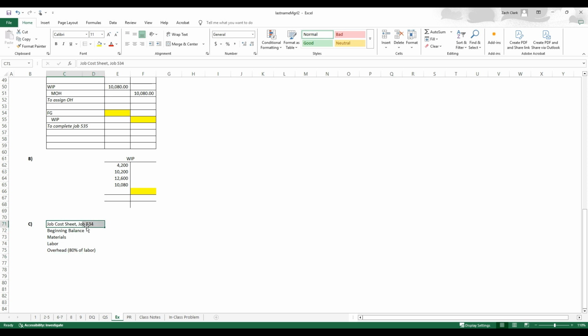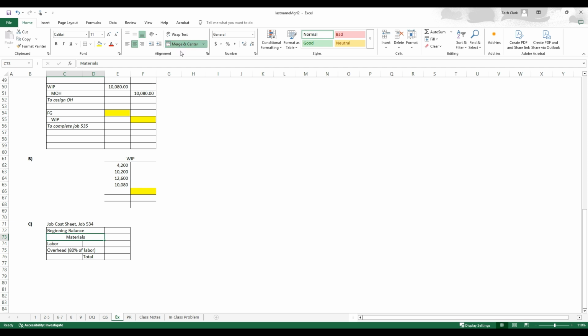Let's make this a little bit clean. Okay, and then we've got a total. Just for the heck of it, this is a spot where having some of that formatting makes a little bit of sense.